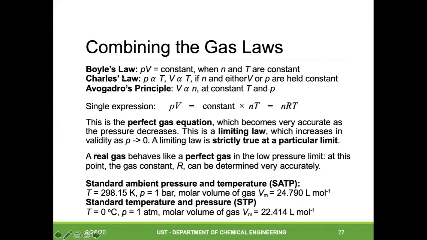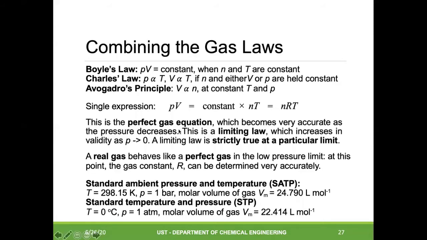So again, combining the three basic laws: Boyle's law, PV is equal to constant; Charles' law, V over T is equal to constant; and V over N equal to constant for Avogadro's principle. If we combine these into a single expression, PV is equal to a constant multiplied by NT, which we also call nRT.